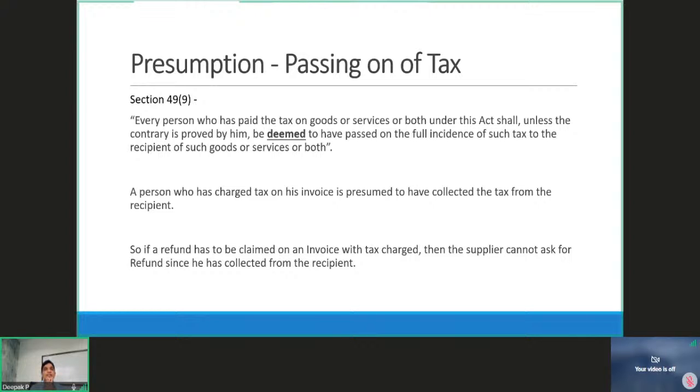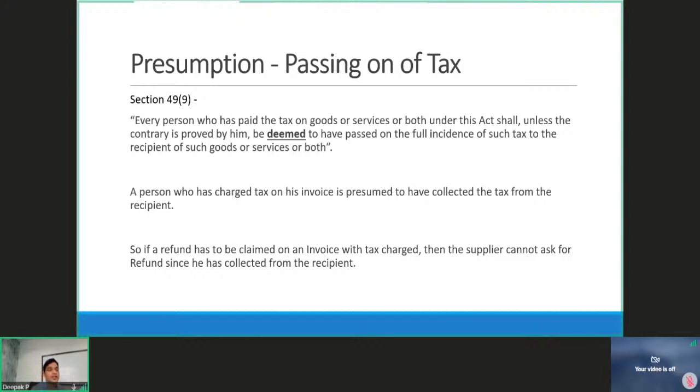So what does it say? If I have paid any tax on my sale of goods or services, then the government is assuming that you have passed on that tax to the other person who has paid you. It means I have charged tax on my sale invoice and the recipient has paid the tax to me, and I am not the person who has borne the incidence of tax.